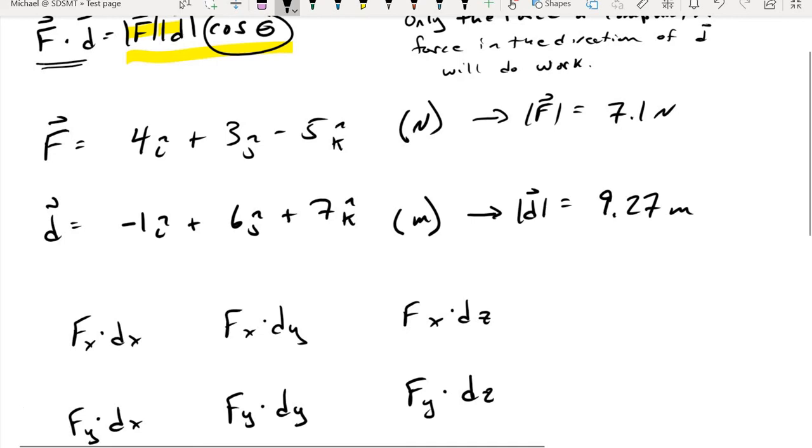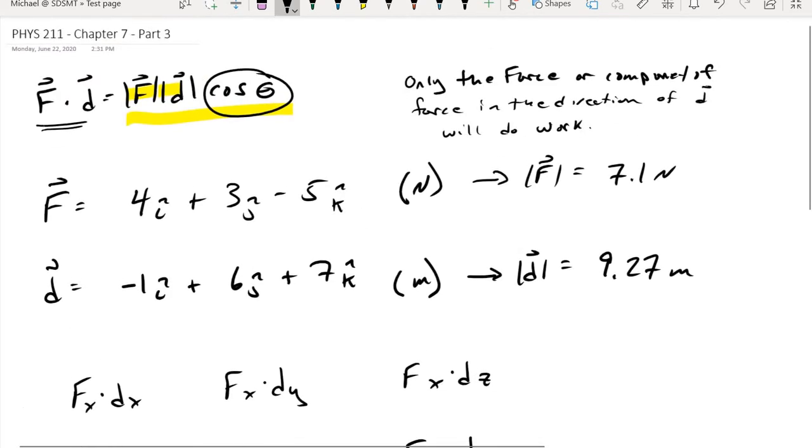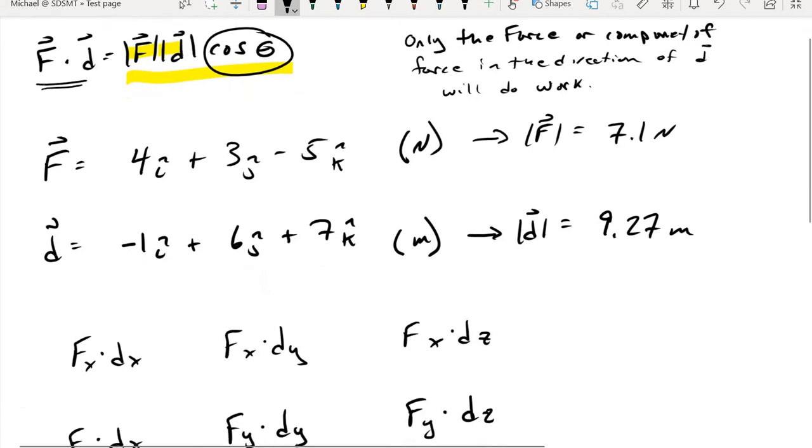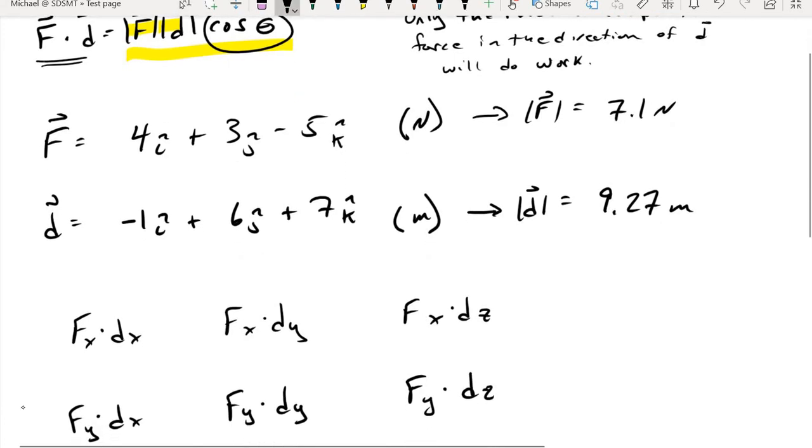Our method for evaluating the dot product says we need to use the magnitudes of each. Well, the magnitude of the x component of force is 4. The magnitude of the x component of d is 1. And then we need the cosine of the angle that exists between them.